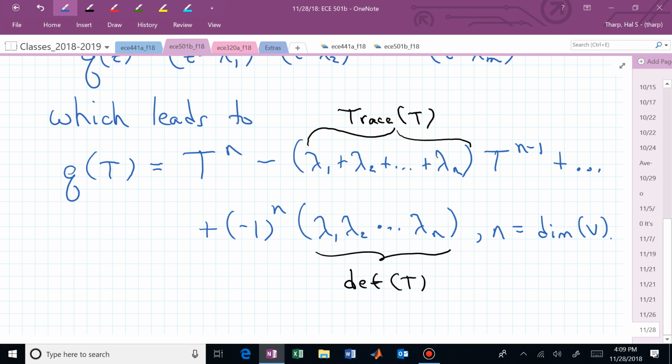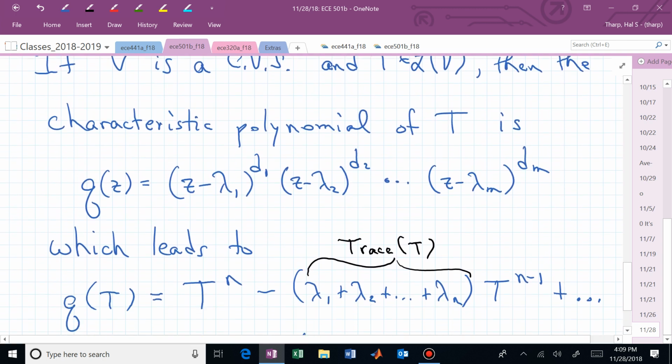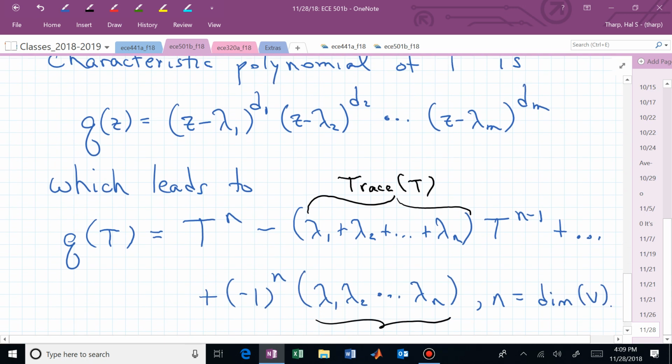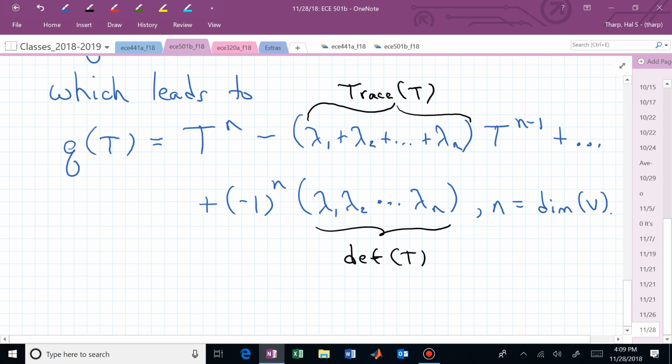So this particular statement relative to the characteristic polynomial: if you multiplied all of that out, then the coefficient associated with the n minus 1 term in that polynomial is actually the trace of our operator t, and the last term in that expansion, irrespective of this minus 1 raised to the n, that product of these lambdas, is our determinant of that t.